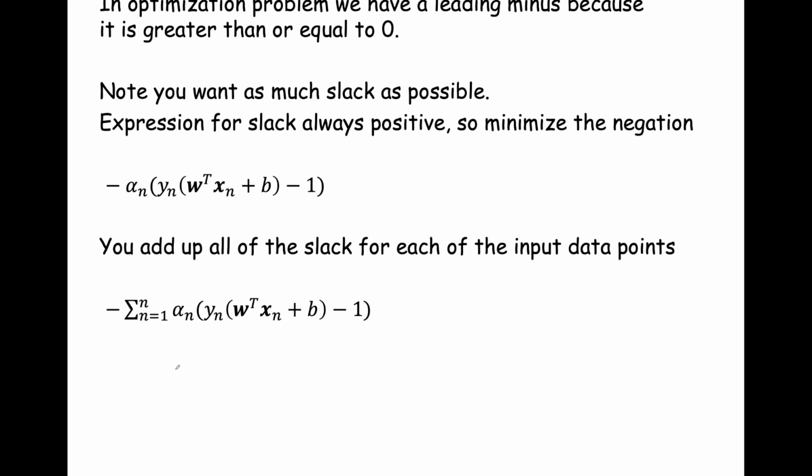And we're going to add this up for each one of the in-sample points. So we have our minus, our sum, for n goes from 1 to big N. We're going to have our alpha, Lagrange variable, for each xn, our class label times score minus 1, and this is going to be our slack. So we have our Lagrange multiplier times the slack for each one of our in-sample points.